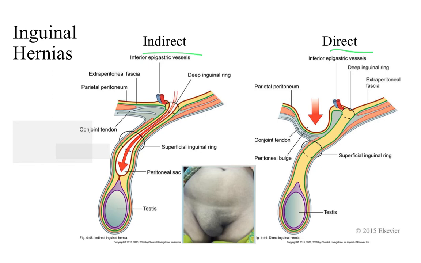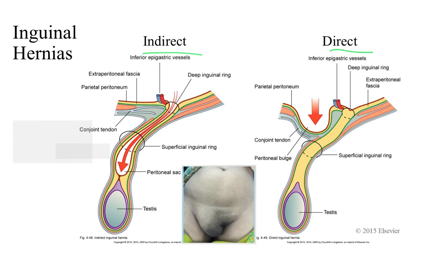So the definition of a hernia is basically when your peritoneal sac is protruding through the abdominal wall in the groin area or in the inguinal area, hence inguinal hernia. Sometimes organs may come with it, such as intestines, but sometimes they may not.